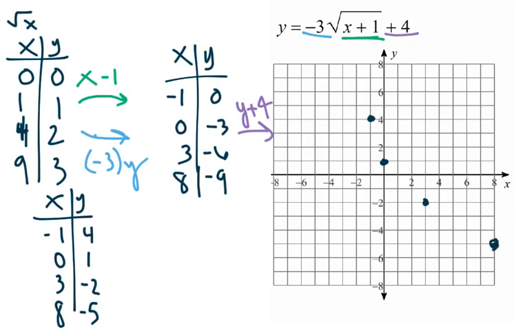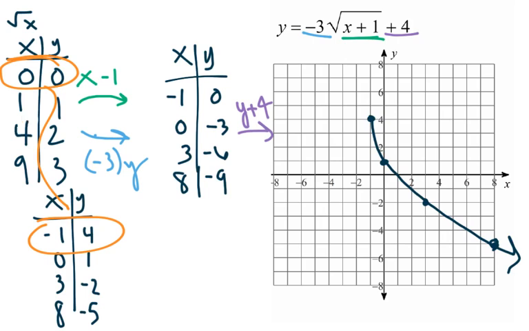Now we've just got to connect our points, keeping in mind that our starting point is the -1, 4 point, because that's what 0, 0 got transformed into. So we will start at -1, 4, and kind of draw that through our function here. Now it's just a matter of finding domain and range, right? So our domain is going to be our x values, right?